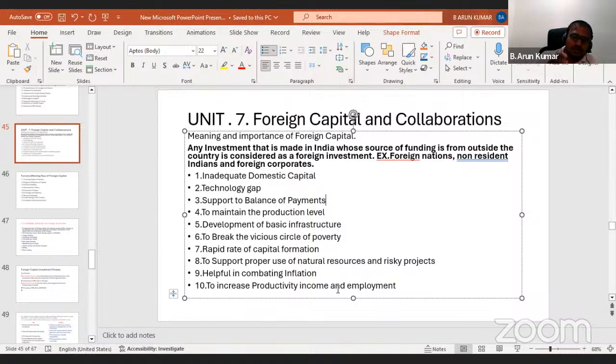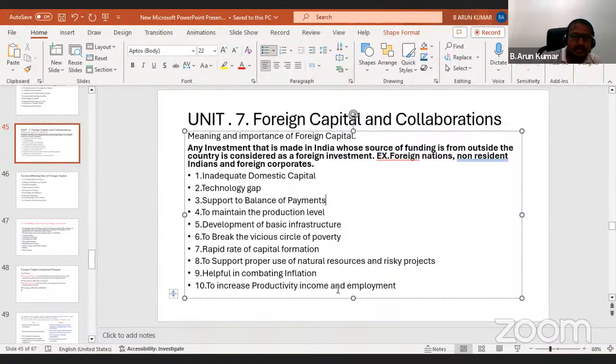Because of less savings, we don't have sufficient funds to invest in basic infrastructure. This infrastructure needs huge capital. Because of FDIs or FIIs, that money is coming to India, and then we can build roads, canals, and airports.